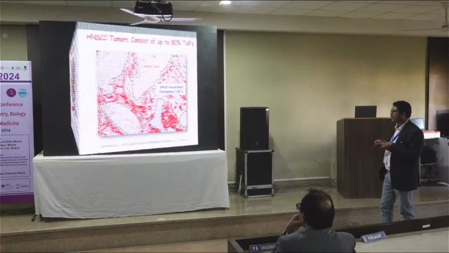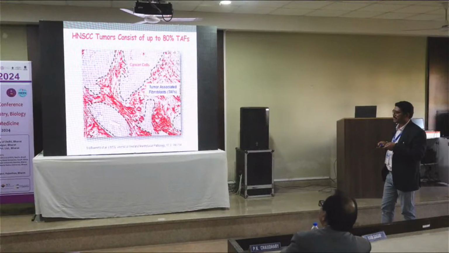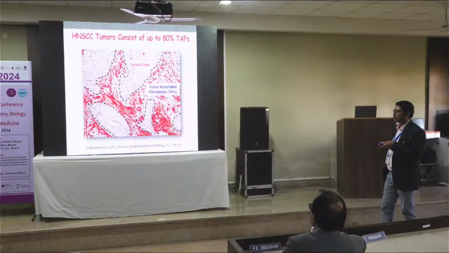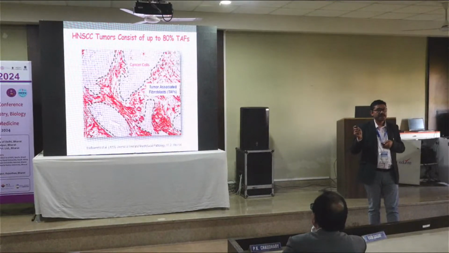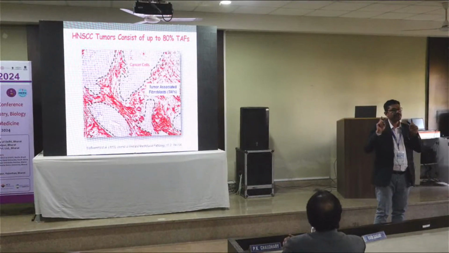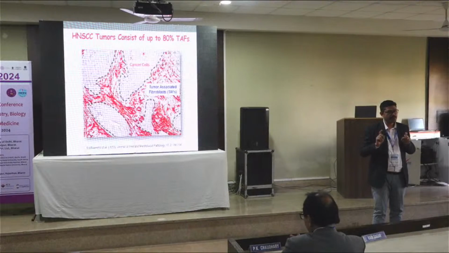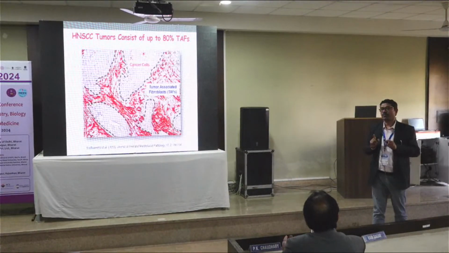Then this is the patient histological sample. As you can see here, this is the cancerous region, and this is the region that is associated with tumor-associated fibroblast. Now, this is very interesting to understand why we should use this combinatorial therapeutic approach for cancer cells as well as cancer-associated fibroblast cells.